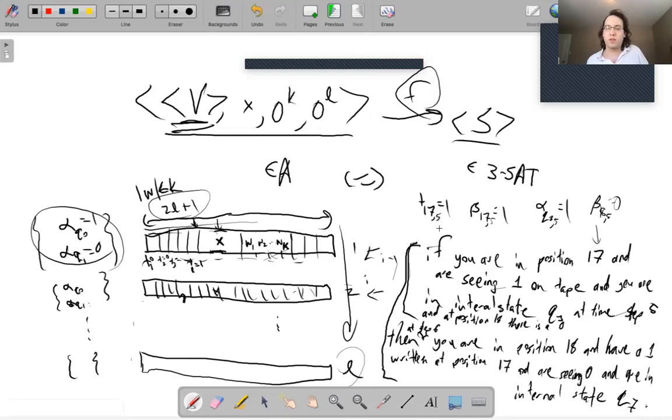Given the number of total transition rules like this, you can write down rules that tell you where you must have gone given what you would have seen in the previous step. So you write down all these rules, and each of these is a Boolean formula, usually of the form if-then, but you can translate an if-then into ands and ors, as it turns out.